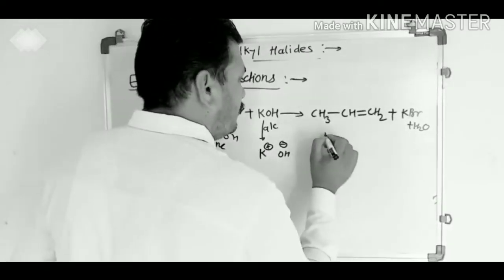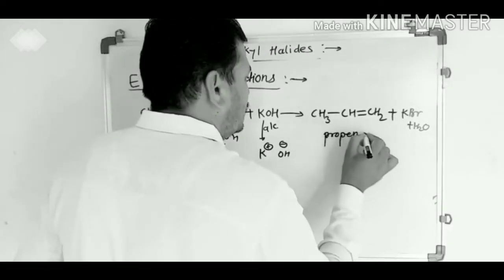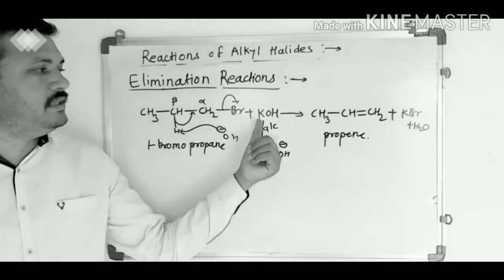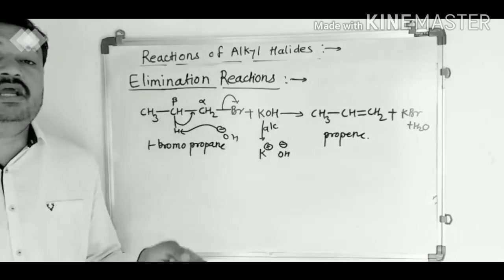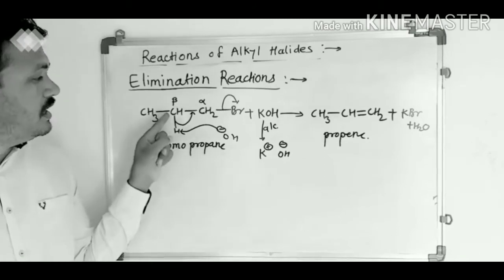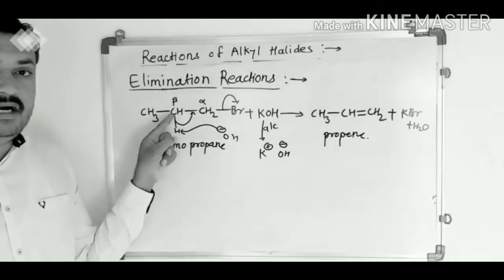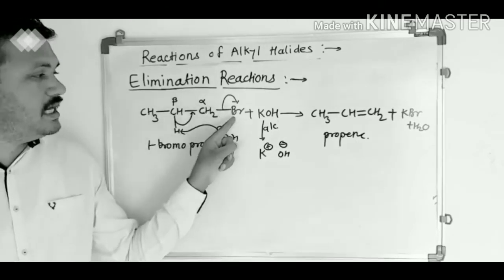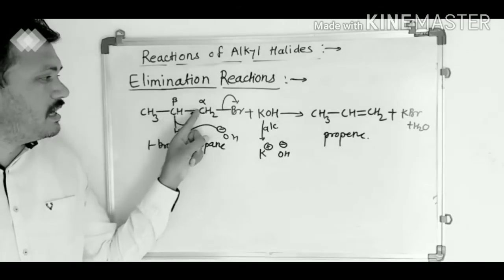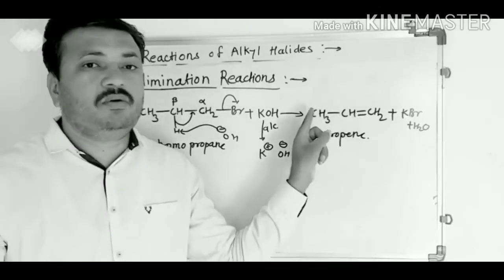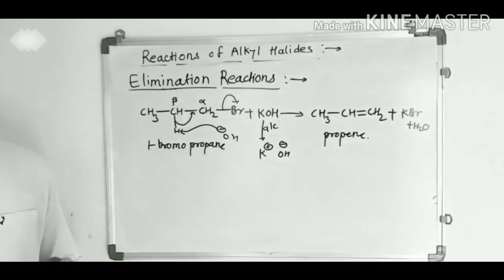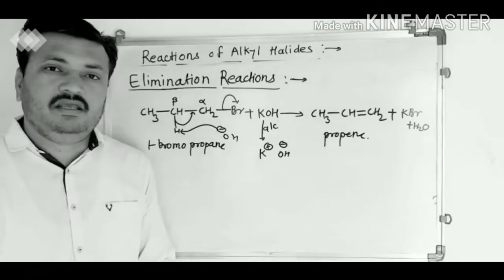Formation of propene takes place. That means when alkyl halides are treated with alcoholic KOH, elimination of hydrogen atom from the beta carbon atom and halogen atom from the alpha carbon atom takes place, forming a carbon-carbon double bond, that means an alkene. This reaction is also known as beta elimination reaction.